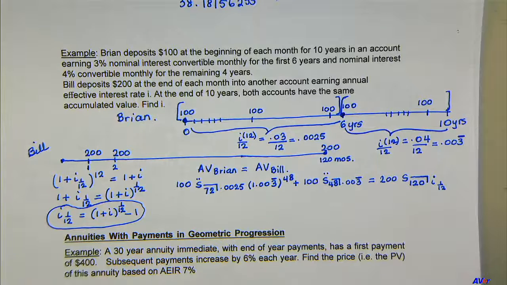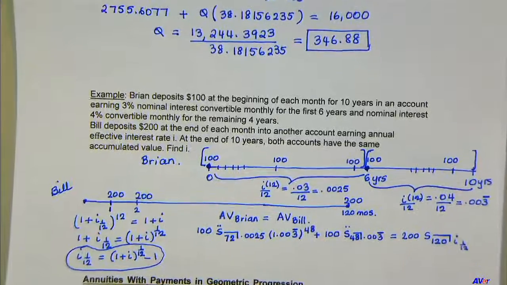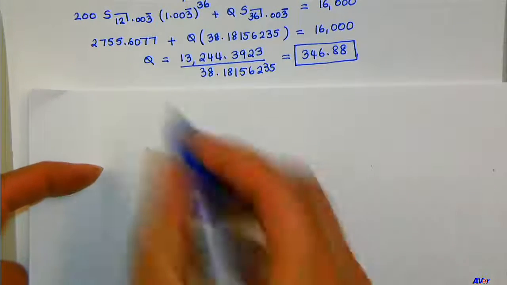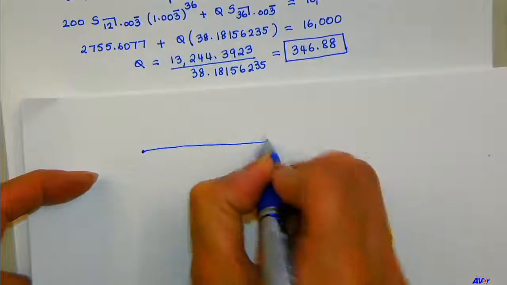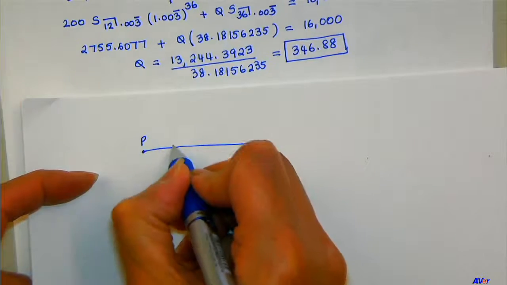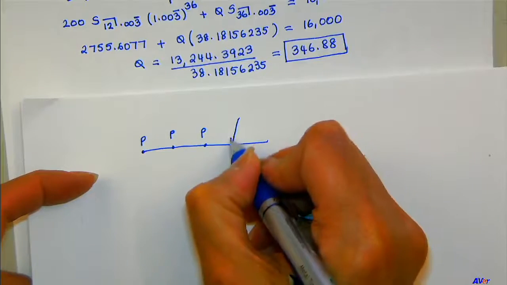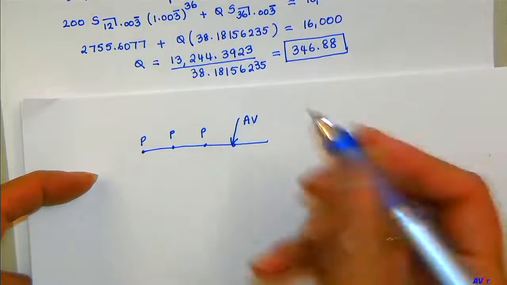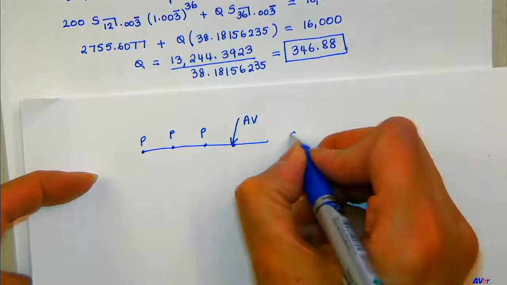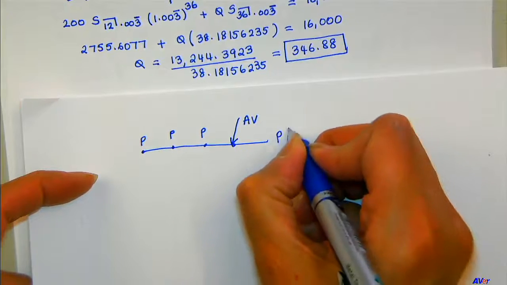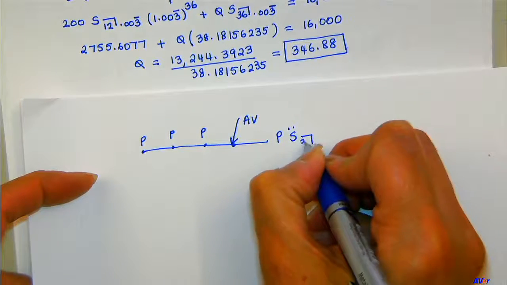Yes. What's the difference between the S double dot and the S? Okay, let me draw a picture so you can see. So let's say I have a payment here, payment, payment, payment, and I'm looking for the accumulated value here. This would be P times S double dot angle 3, i.